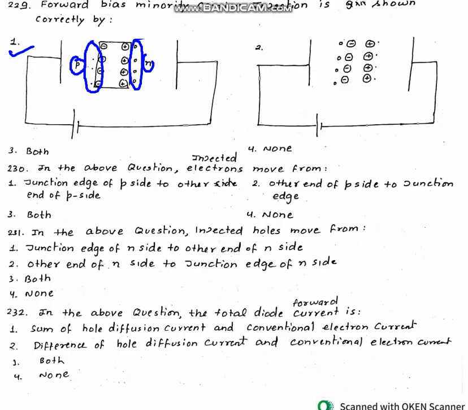Next is, in the above question, injected electrons move from junction edge of P side to other end of P side, or other end of P side to junction edge.